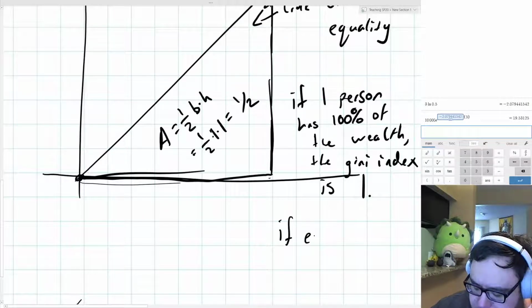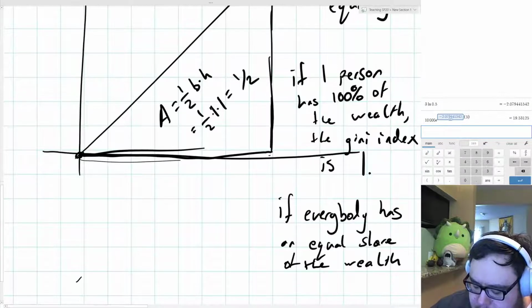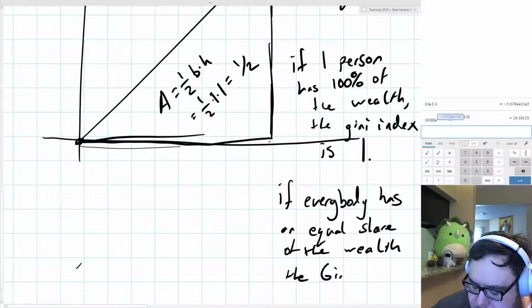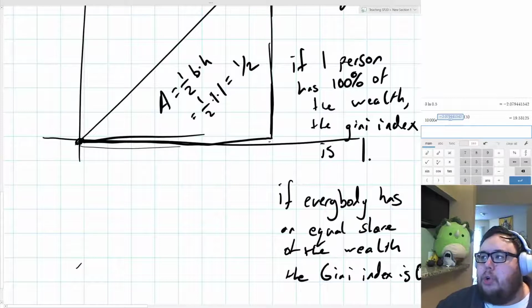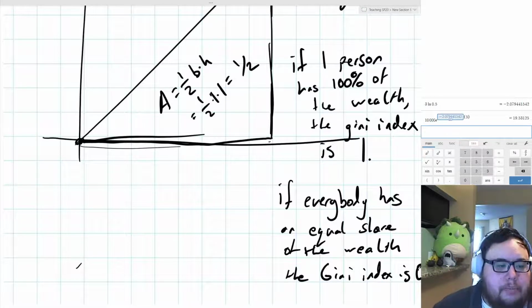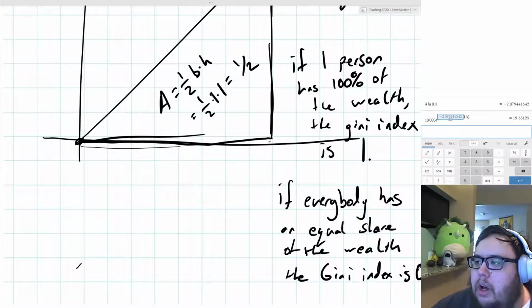If everybody has an equal share of the wealth, the Gini index is 0. So in general, the Gini index will be somewhere between 1 and 0. It will basically never be exactly 1 or 0. It usually tends to be somewhere in between. Okay.